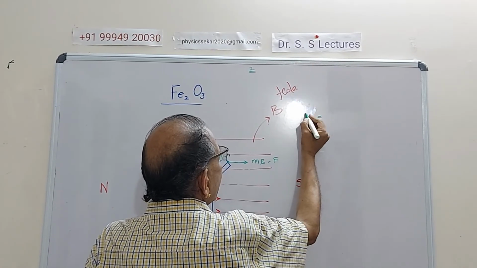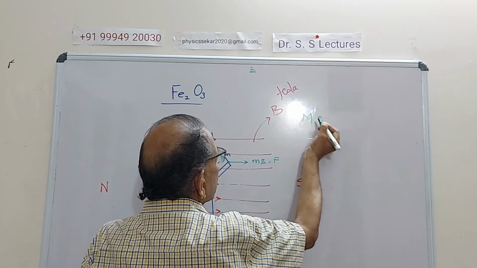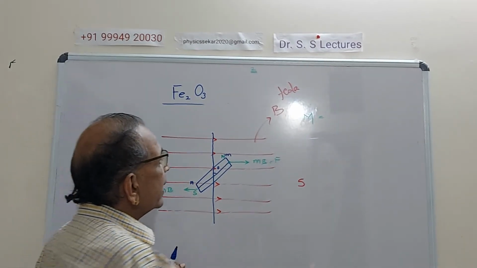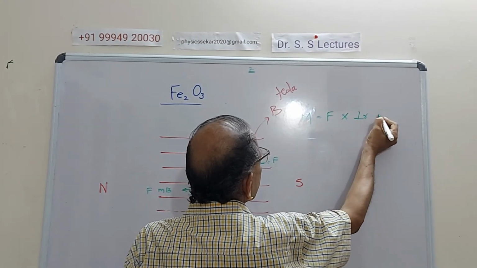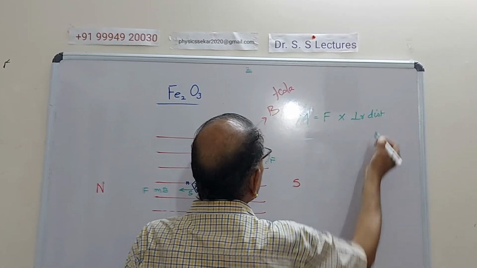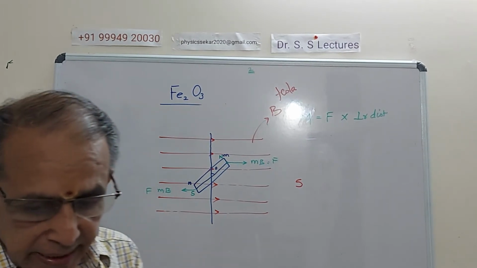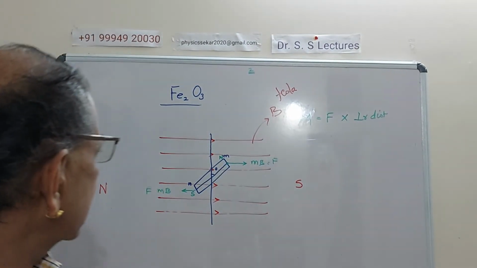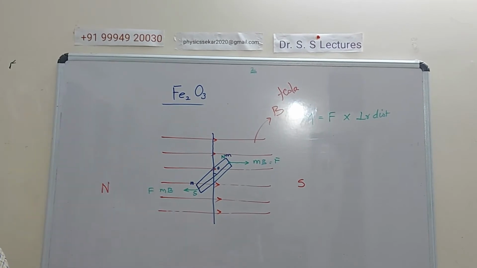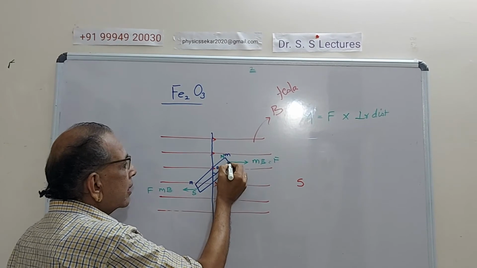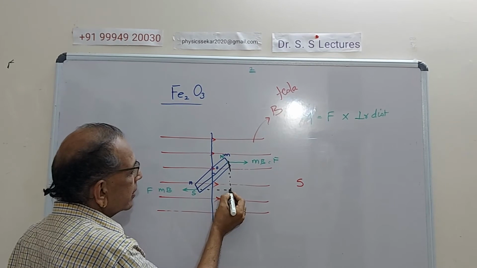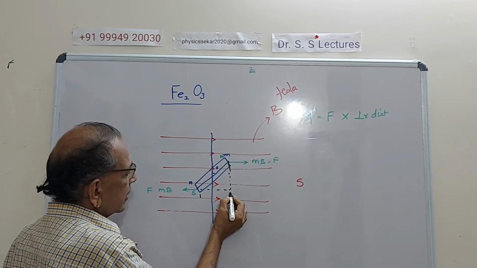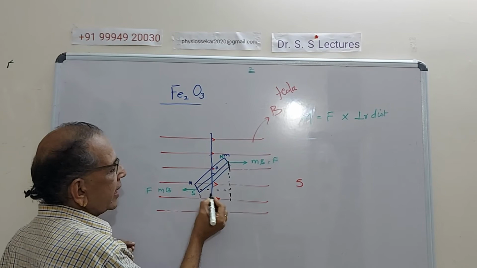That means we try to find this magnetic moment. We call that capital M. This is nothing but the force into perpendicular distance. When I say that this is exactly the force into perpendicular distance, I draw a projection here, and from here, this particular distance is the perpendicular distance.